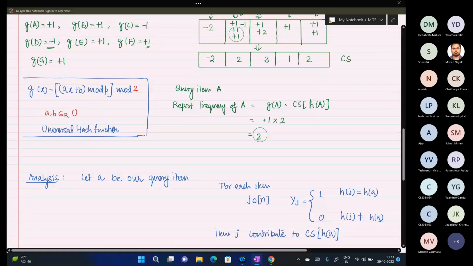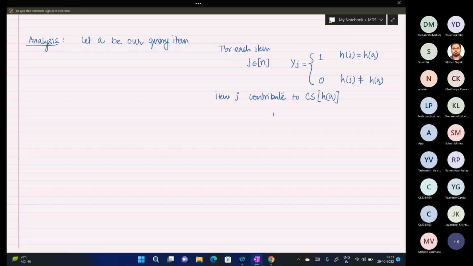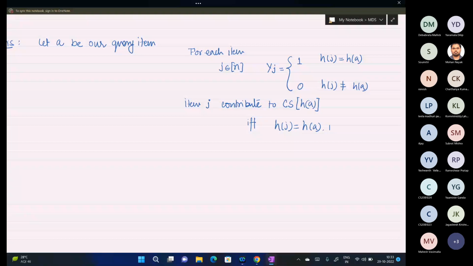So item j contributes to the cell in which a has been mapped if and only if h of j is equal to h of a, that is, yj is equal to 1, right? Is there any doubt on this statement which I'm making here?